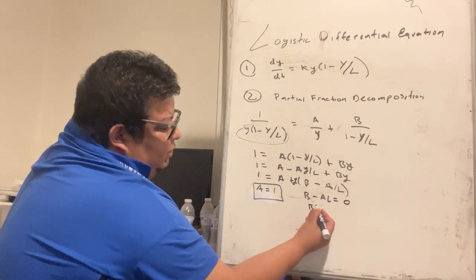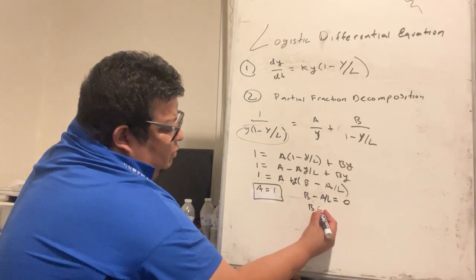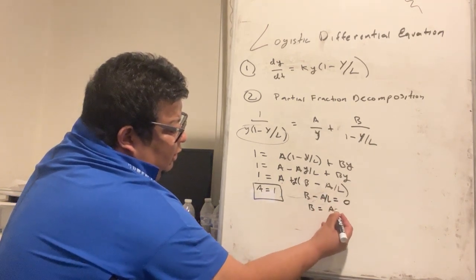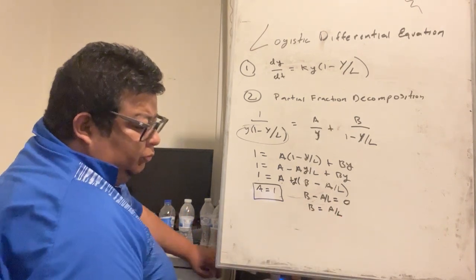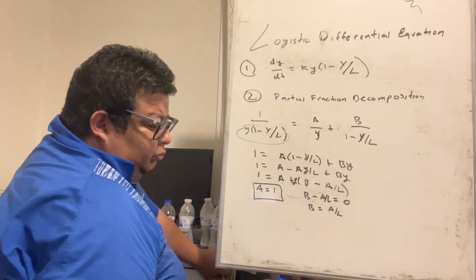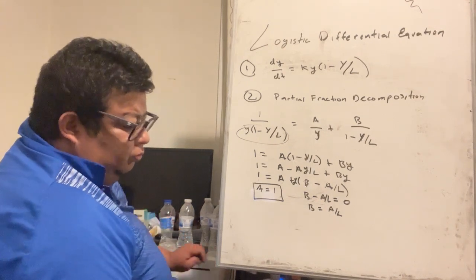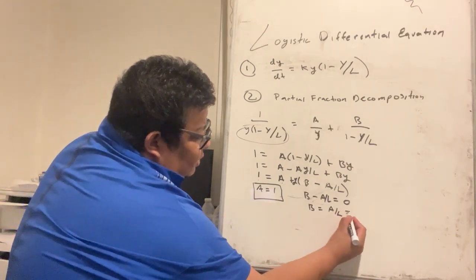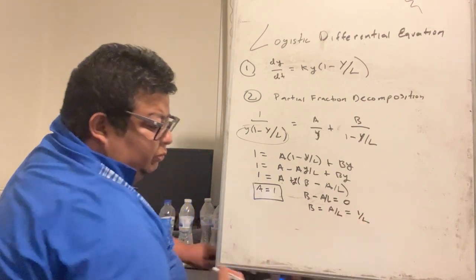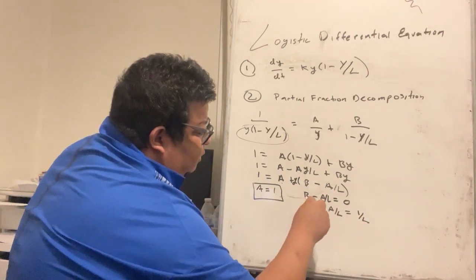Then we solve for B. So B is equal to A over L. But notice we found that A is equal to 1, so this is equal to 1 over L. So we have another equation.